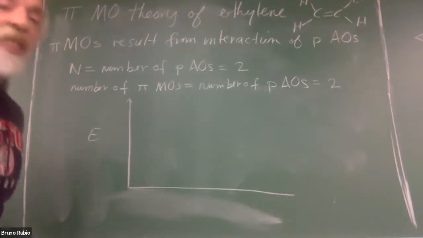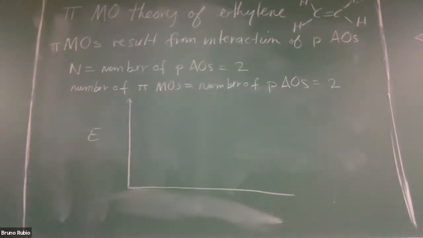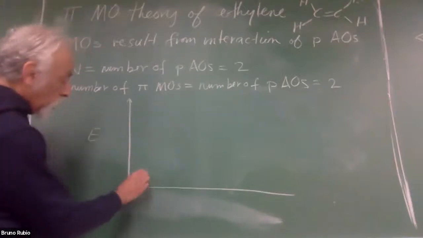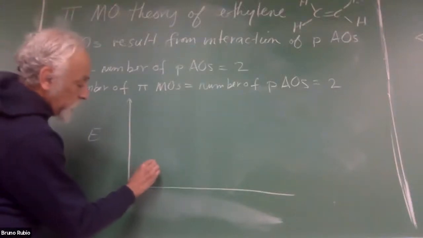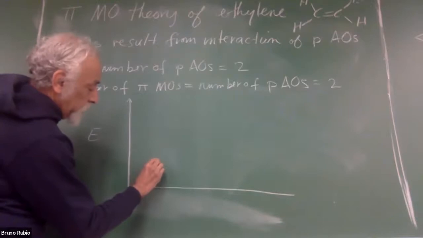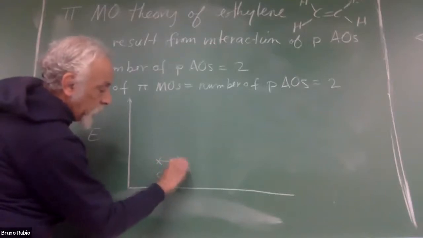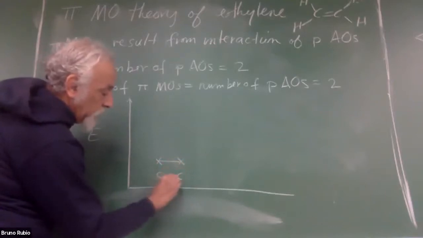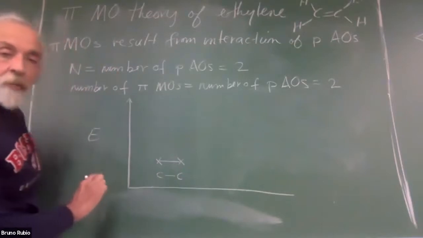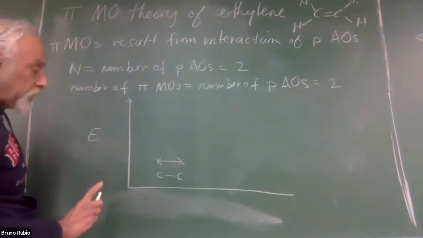The lowest energy orbital has 0 internuclear nodes. So the lowest energy orbital is going to have, so there's one of the carbon atoms. There's one of the carbon atoms. Here's the other carbon atom, right? We're talking about ethylene. We're talking about the pi molecular orbitals of ethylene.